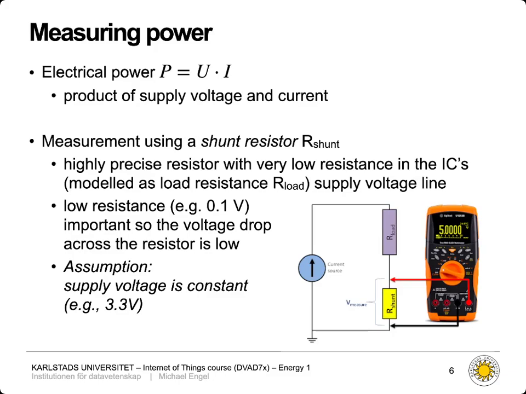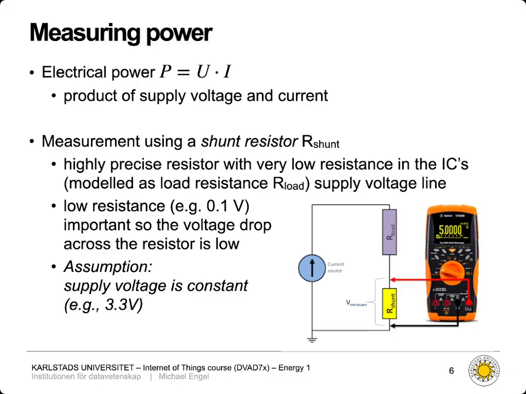So how do we measure power? How do we actually find out how much power at a given moment is consumed or dissipated by a device? Now, we've seen the electrical power is equal to the supply voltage times the current flowing through a conductor. So we can measure this by inserting a shunt resistor into the supply voltage line.